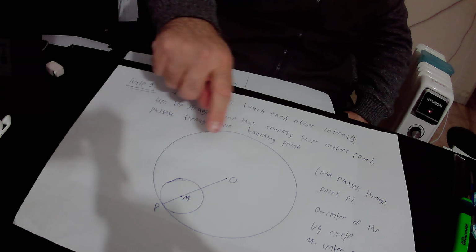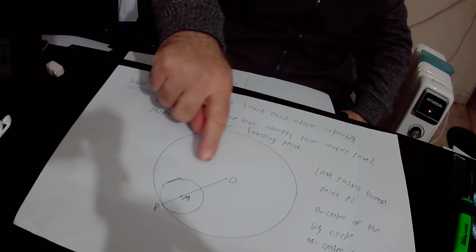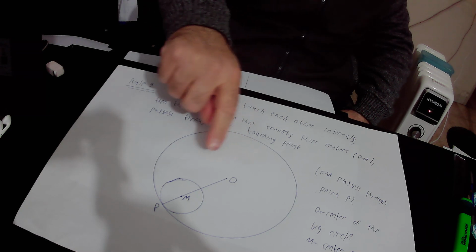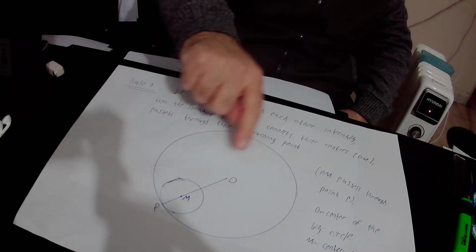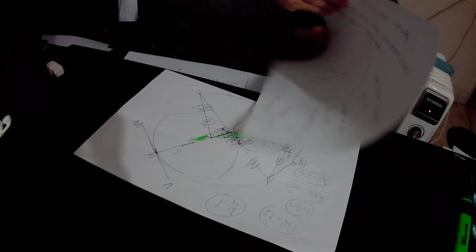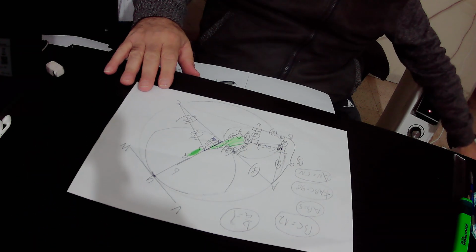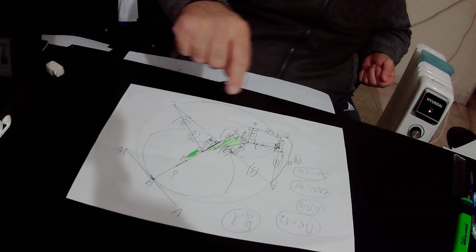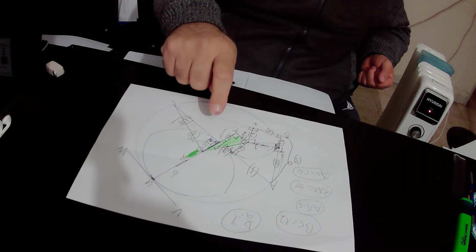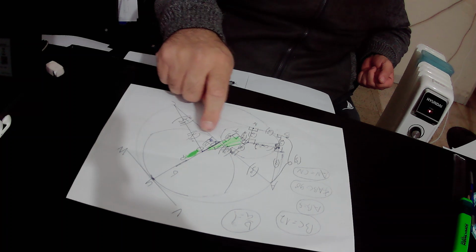The set line that connects the centers together is the set line OM. And according to this rule number 9, the set line OM must pass through point P, or OMP is one set line. Point O is the center of the bigger circle, point P is the center of the smaller circle, and the set line that connects their centers together is OP.